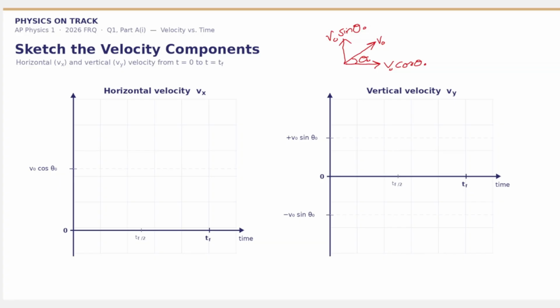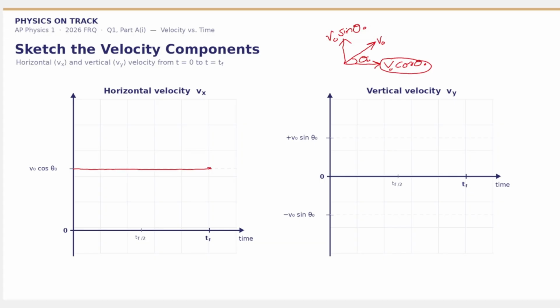If there is no acceleration, that means the horizontal velocity should be constant throughout. It does not change. So this is the horizontal velocity at the beginning, v0 cos theta 0, and that will be constant from 0 to tf. The velocity is not changing, so the graph is going to be a straight line all the way to tf.